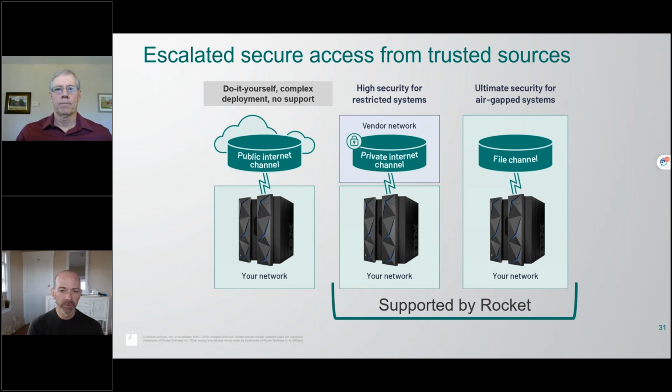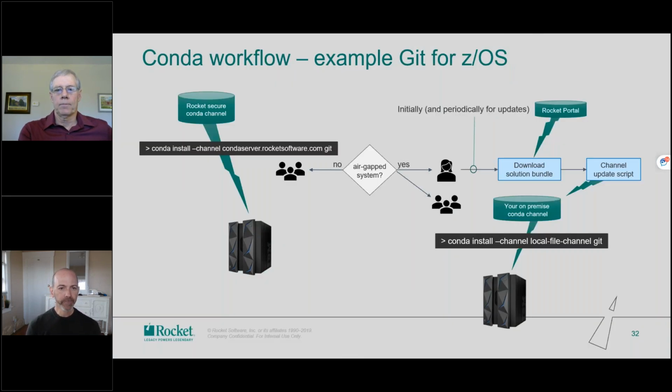And on your own file channel if you want to set one up. So the file channel option is perfect if you have an air-gapped mainframe, that means not connected to the internet. That enables your developers to download whatever open source they need from an internal source. So it's extremely secure.